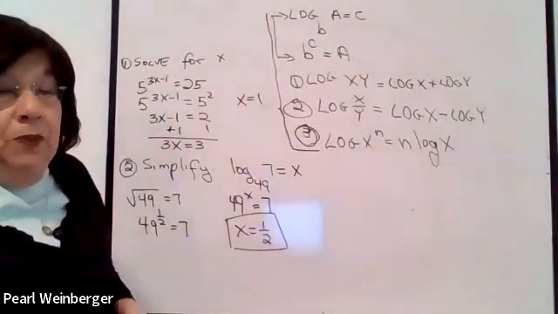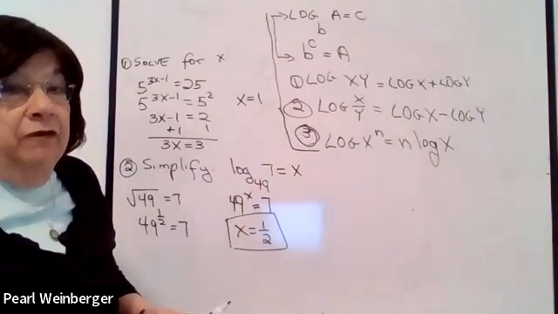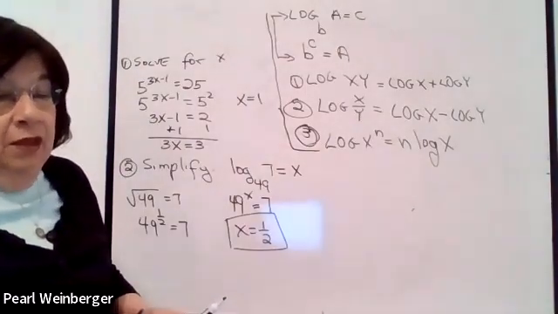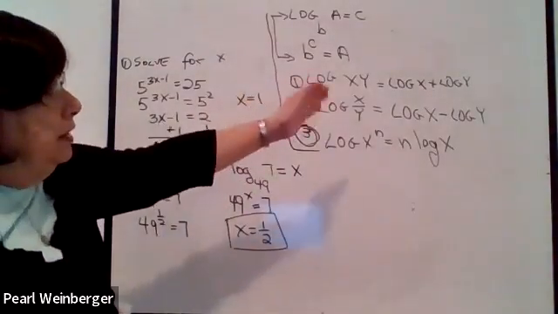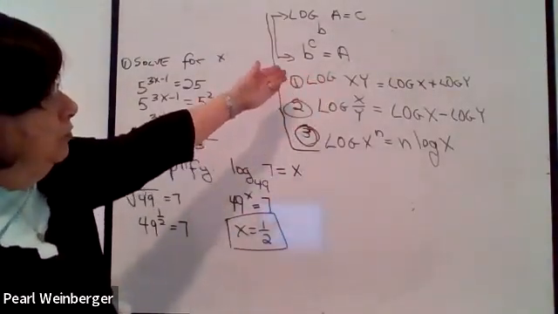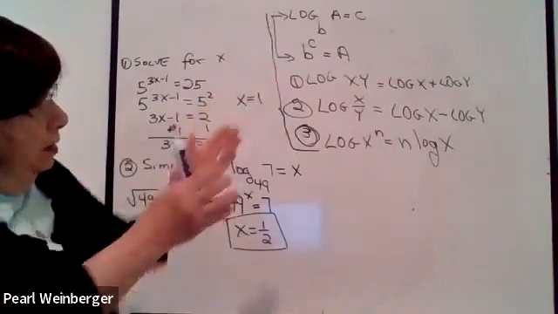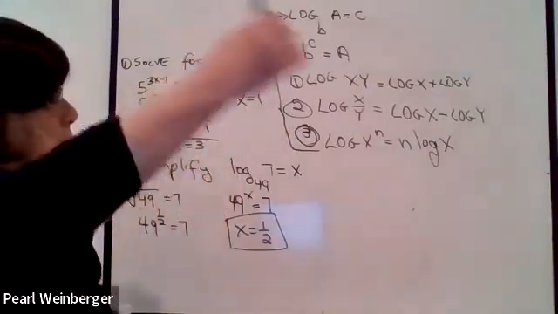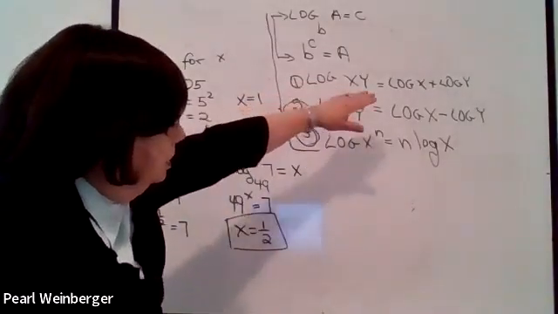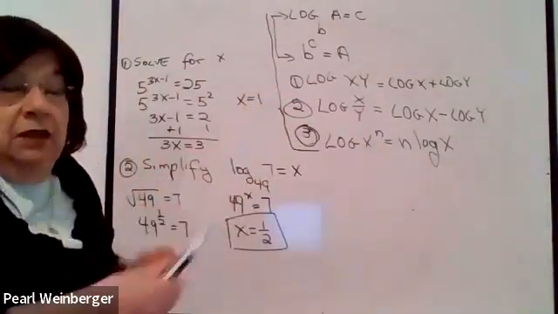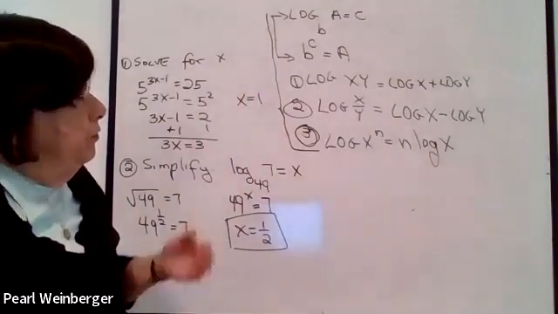So those were the basic rules of working with logs. And we looked at these both ways. We looked at it going from the contracted version to the expanded version. This is a single log to individual logs, or vice versa.